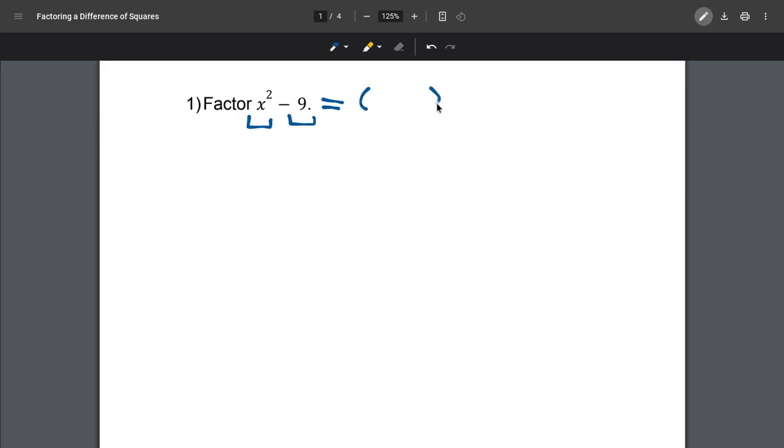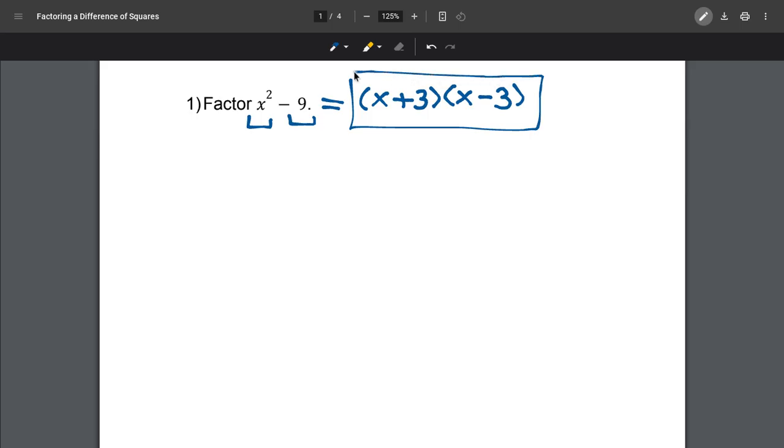So we're going to have x here and x here, and then a plus here and a minus here. And then we've got to take the square root of 9. So square root of 9 is 3, so we'll have x plus 3 times x minus 3. And that's how this first one will factor out. And as we go through a few more of these, you'll see how these work. So let's go and try another problem.